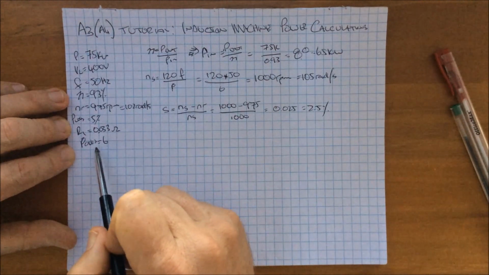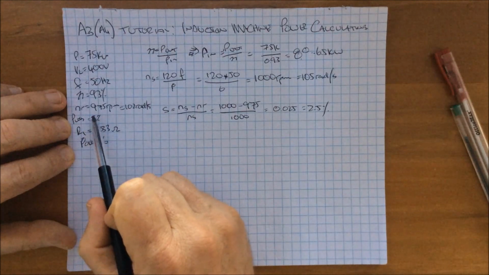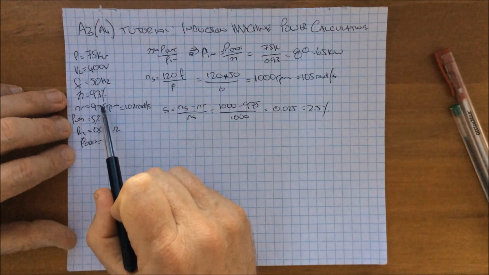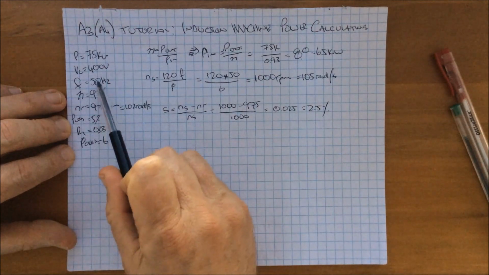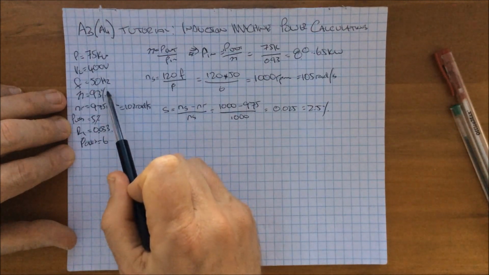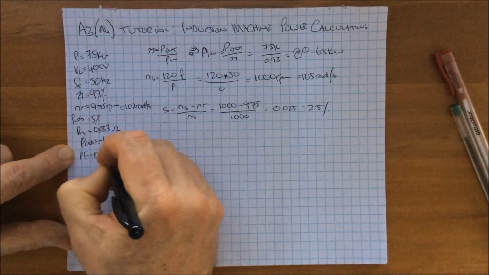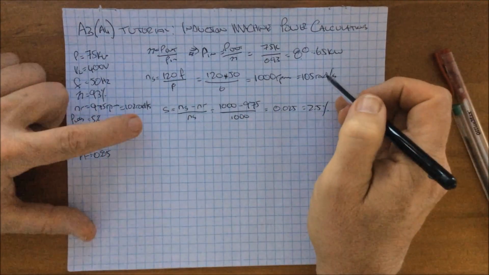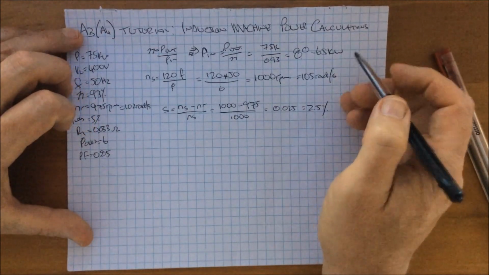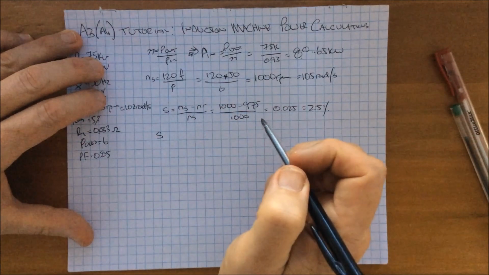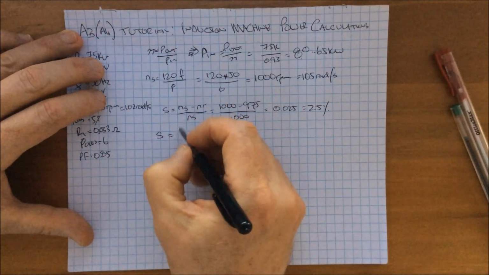Do we? No. We've got the poles, resistance, loss, but we haven't got the power factor there. We'll pick a power factor. Power factor 0.85.